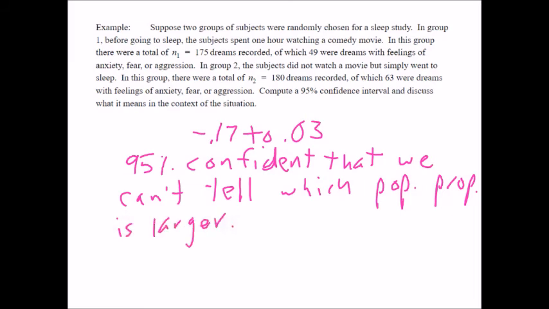So really, based on this, we can't tell if watching a movie before going to sleep has any effect on your dreams. That's what this says. We can be 95% sure that that's true.